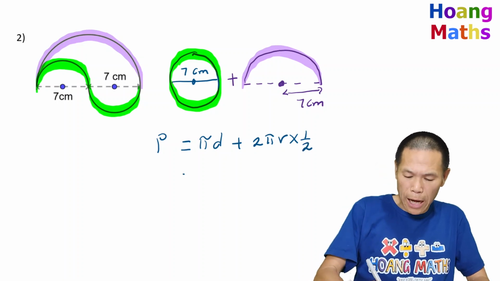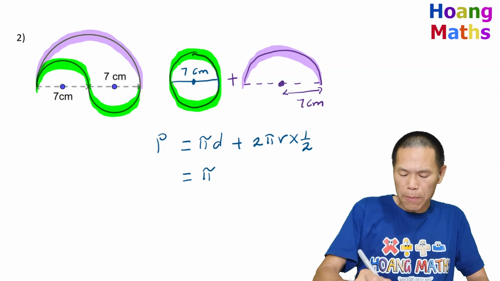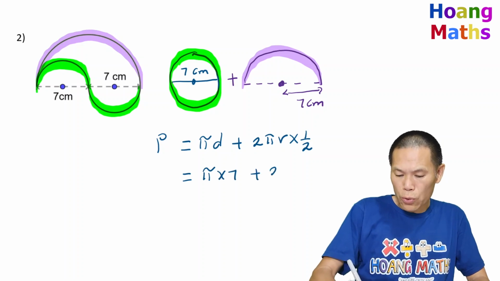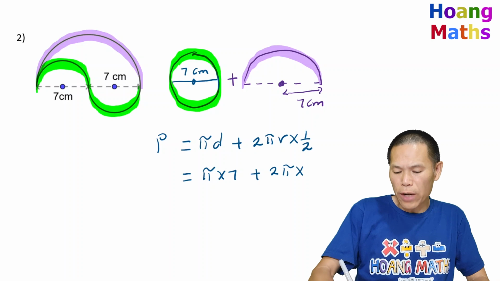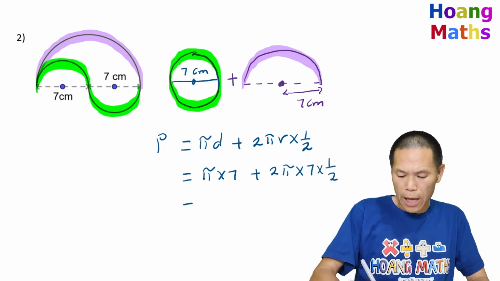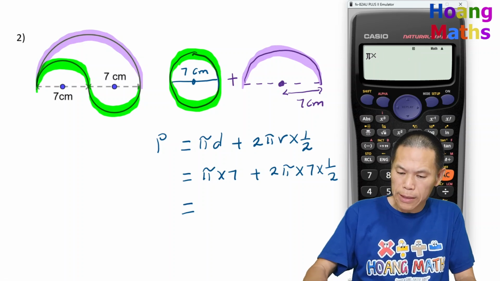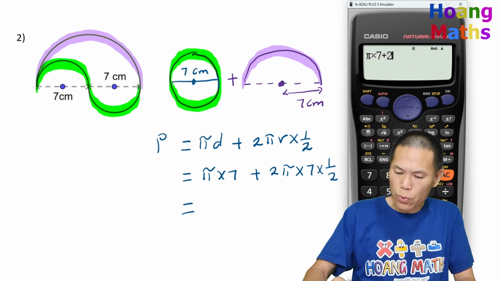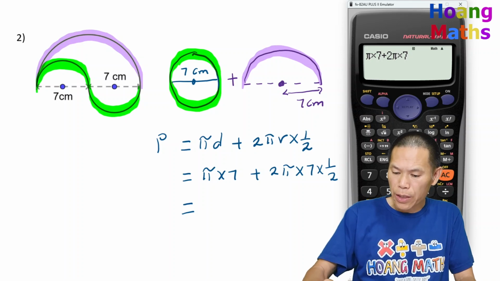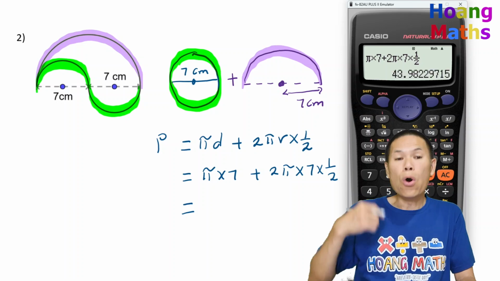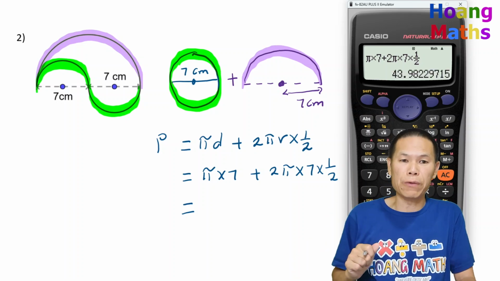So now that becomes pi times the diameter, 7. And we add 2 pi times the radius, that is 7, times 1 over 2. That is shift pi times 7. We add 2 shift pi times 7 times 1 over 2, or divided by 2, or times 0.5 if you wish.